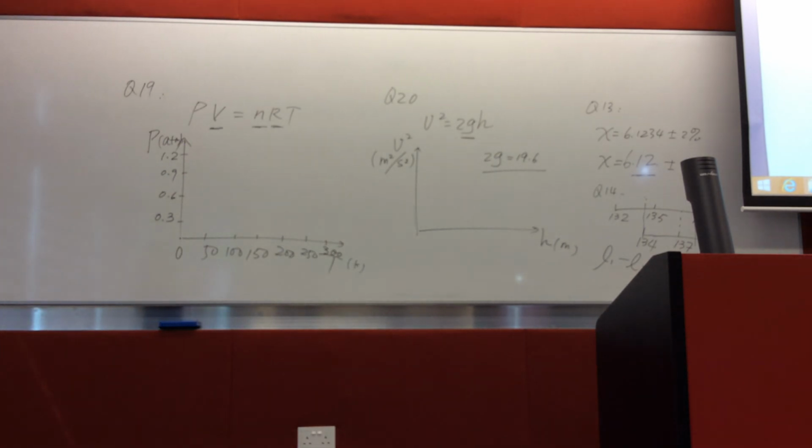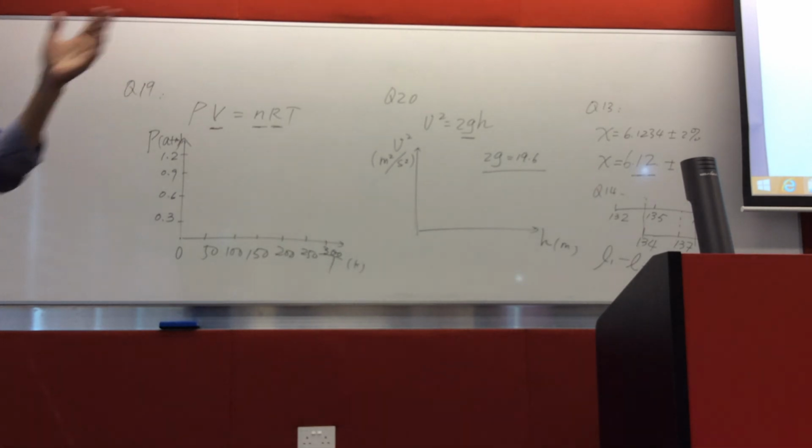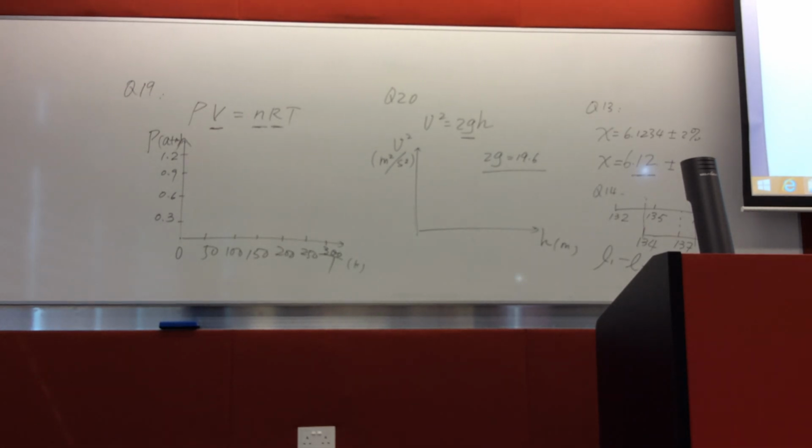So again, this one you need to do yourself. Even if I show it to you, there's not much point. This kind of problem you need to do yourself, because in the exam it will be a different question, but the principle is the same.